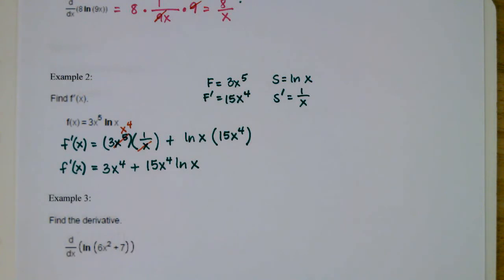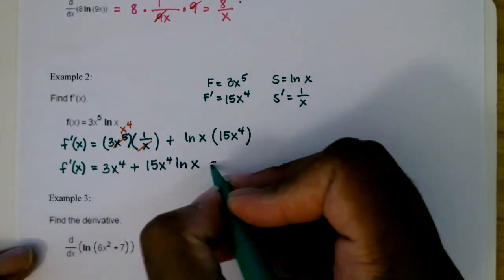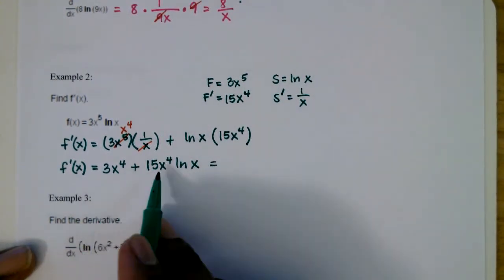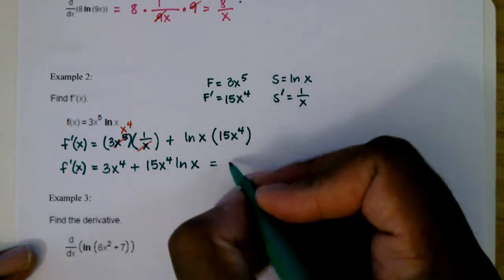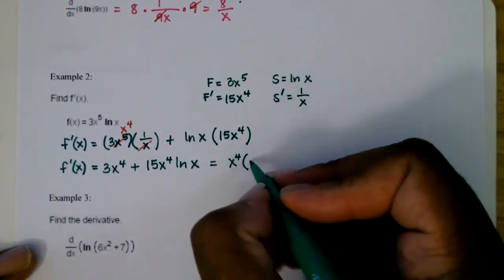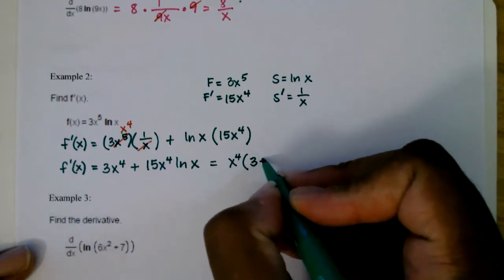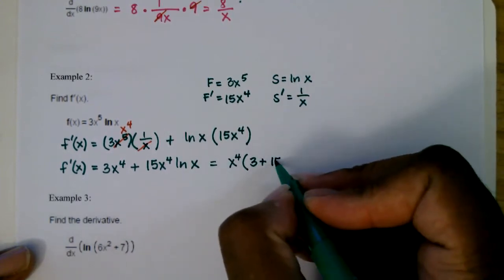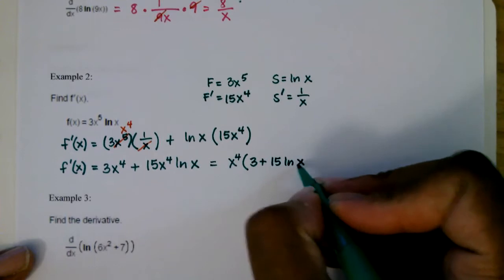Now, they might want this as an answer, or they might want this. They might want you to factor out x to the 4th, if at all possible. And if you factor out the x to the 4th, it will be 3 plus 15 ln of x.